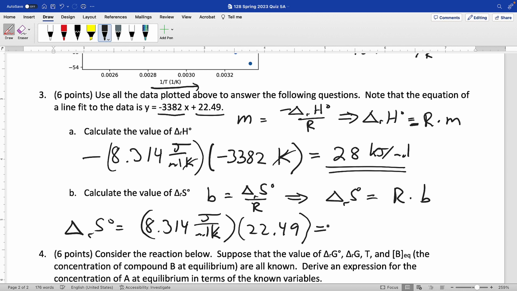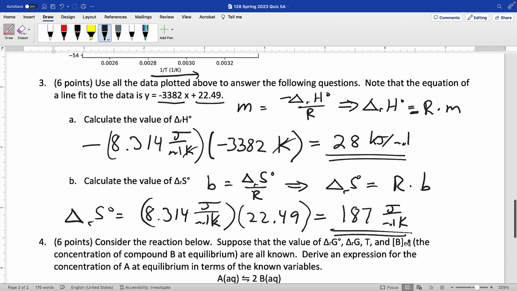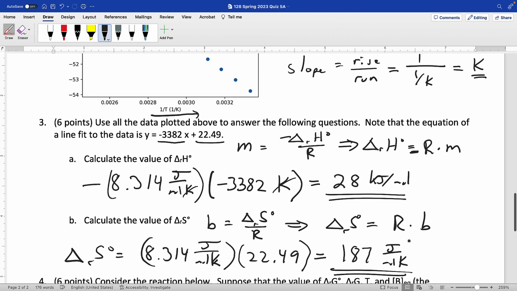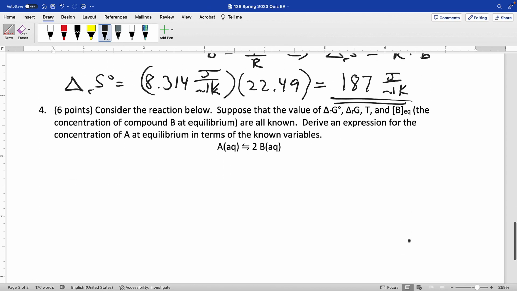We have 8.314, we have 22.49, and that comes out to 187 joules per mole per Kelvin. Okay, so we can get the complete thermodynamics of the reaction by plotting the equilibrium constant, or log of equilibrium constant, as a function of reciprocal absolute temperature.